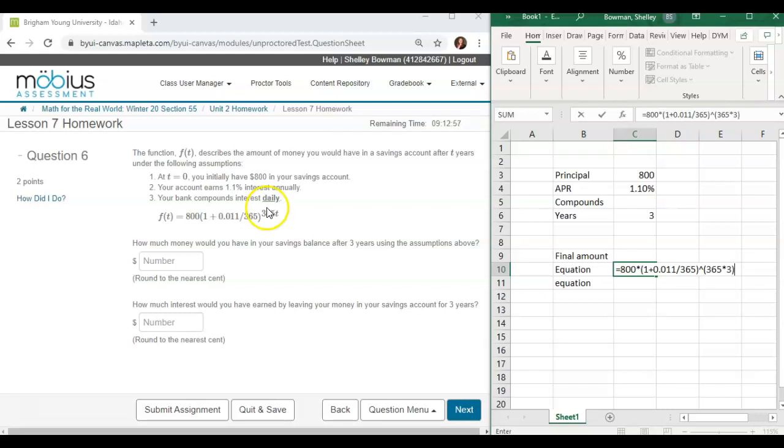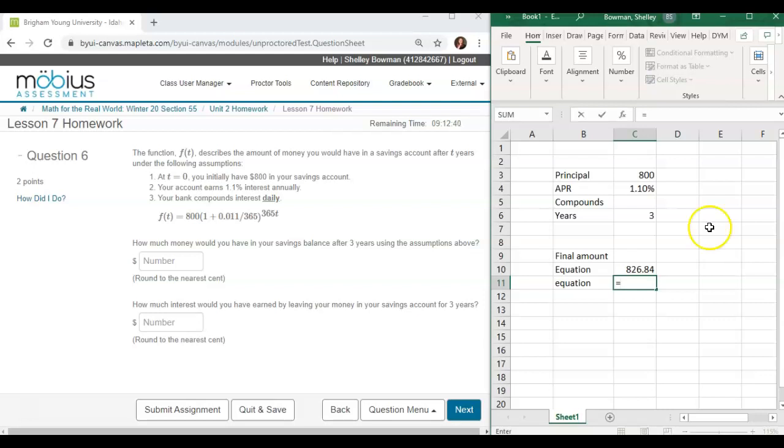I'm going to double check that I haven't made any typos. So I have 800, 0.011 divided by 365 raised to 365 times, and t was our input. Then I can press enter, and that'll give me the final amount after 3 years.